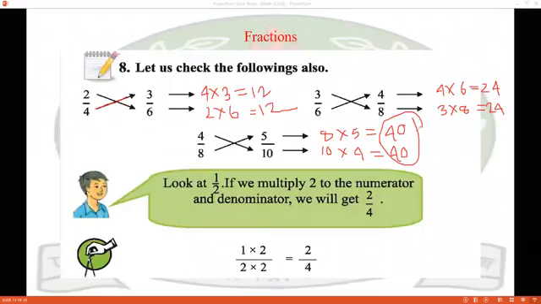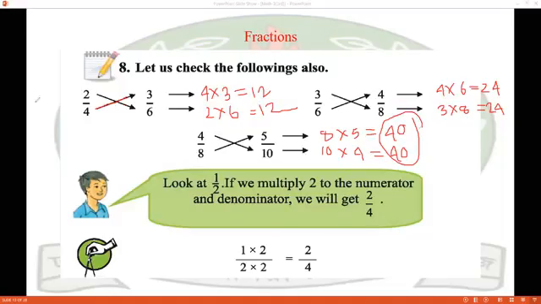Look at half. If we multiply 2 to the numerator and denominator, we will get 2 by 4. There is another way to find equivalent fractions. So there are two ways. When you are given two fractions, you have to prove whether these two fractions are equivalent or not.